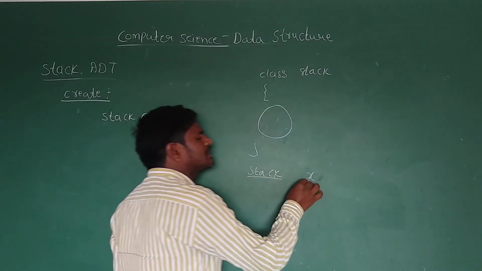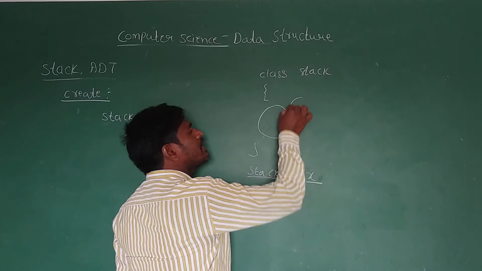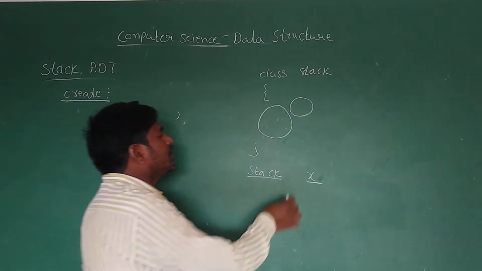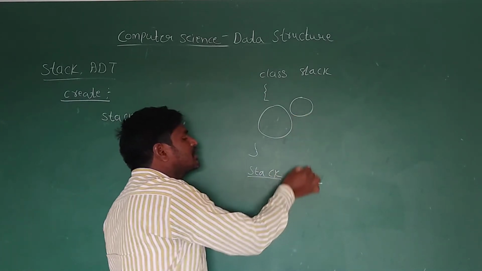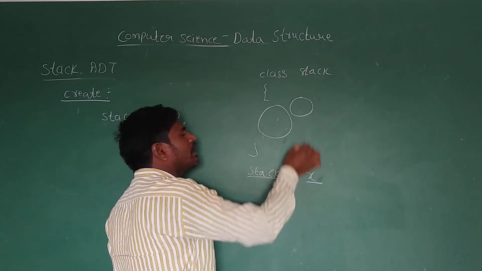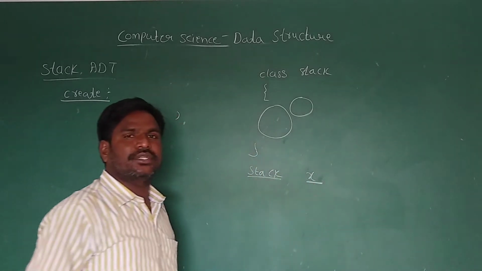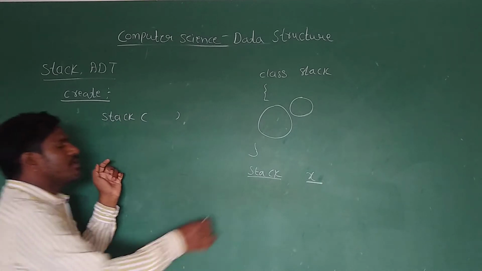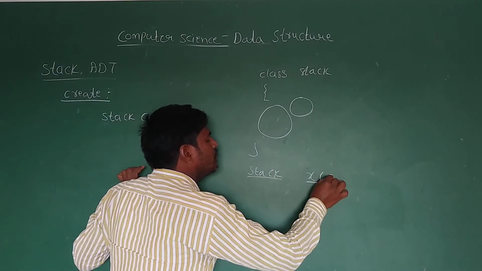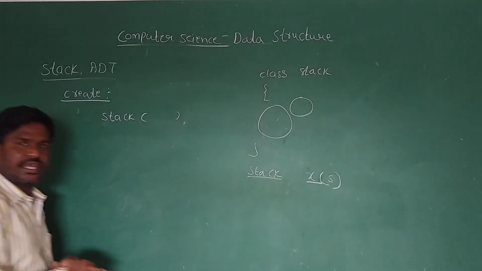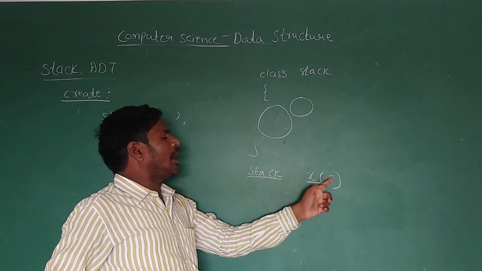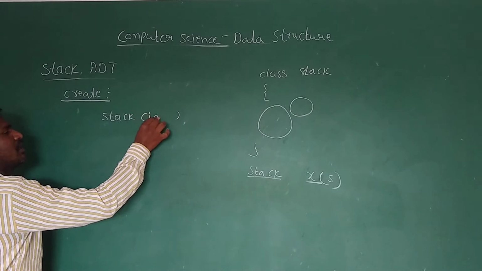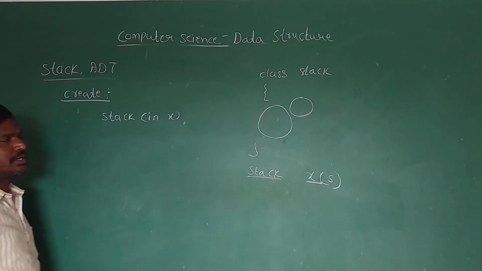Whenever we create the X object, automatically we need to create an empty stack. That means the constructor stack is automatically invoked when we create the object. That's why I'm using the stack constructor. But when we are creating an object, we need to specify the size of the stack. So the X object will take a parameter, and automatically the constructor will also take a parameter, say X.